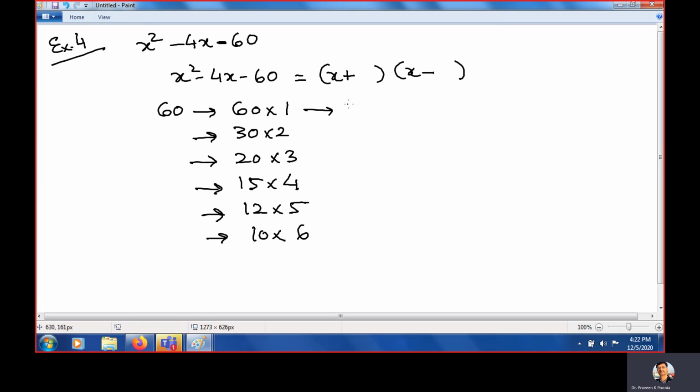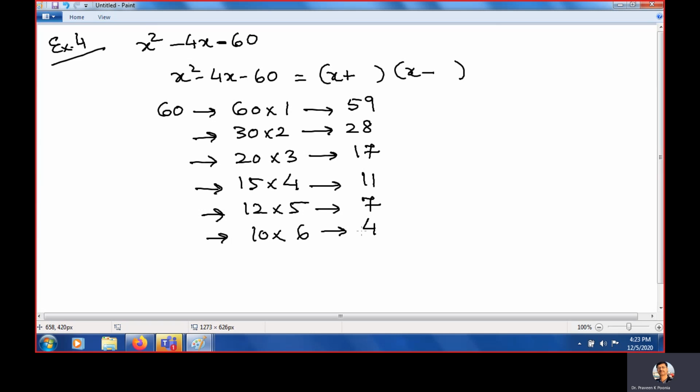Now subtract. 60 minus 1 is 59. 30 minus 2 is 28. 20 minus 3 is 17. 15 minus 4 is 11. 12 minus 5 is 7. And 10 minus 6 is 4. Clear?